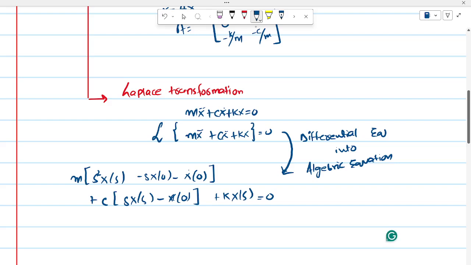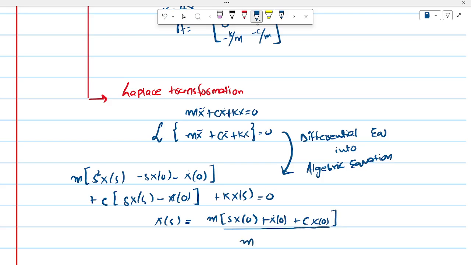And here you have x of s as your independent coordinate, and then you can write down your equation in the form of x of s, the small x is not very good, I'm just making it smaller, whole divided by m s square plus c s plus k, where s is the Laplace variable, and it can be further transformed into the i omega, but yeah, please stick here.